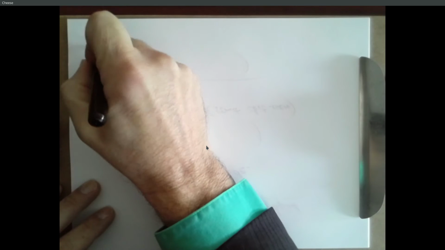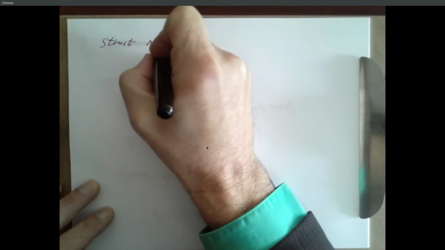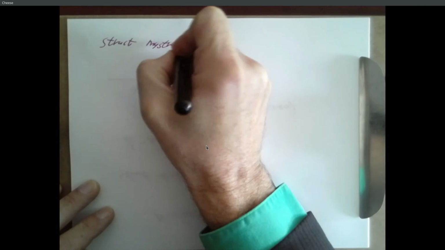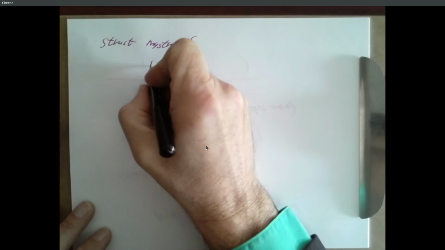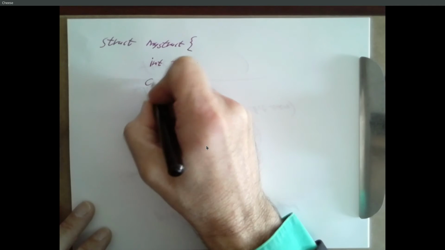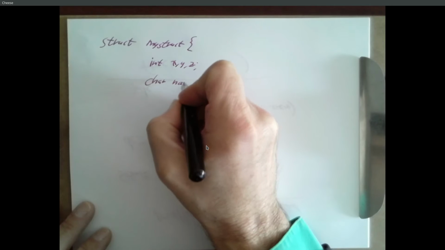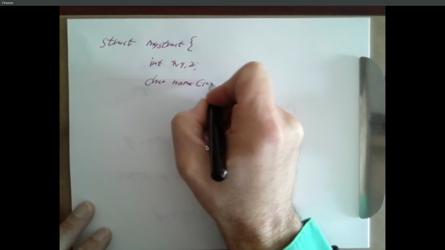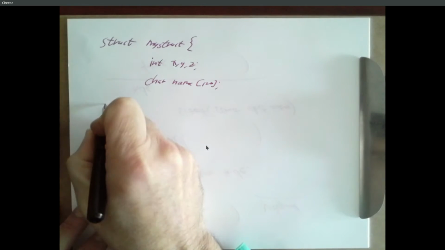And so we typically see things like this. So we've got a structure called, I'll just call it my struct, and it's got some integers and maybe a name and maybe some other stuff.